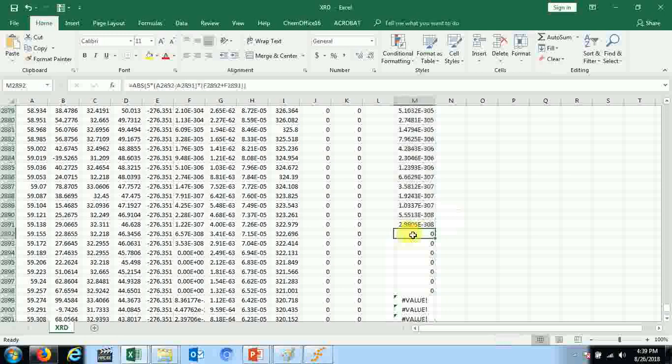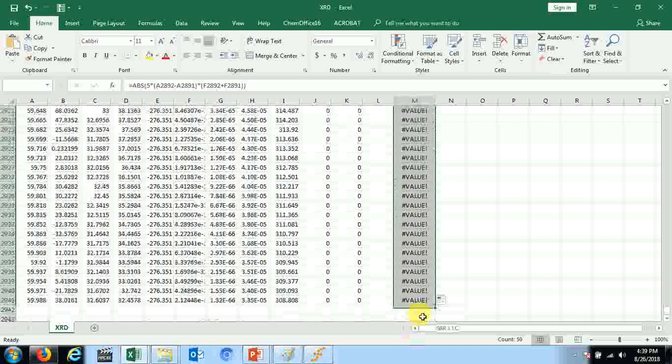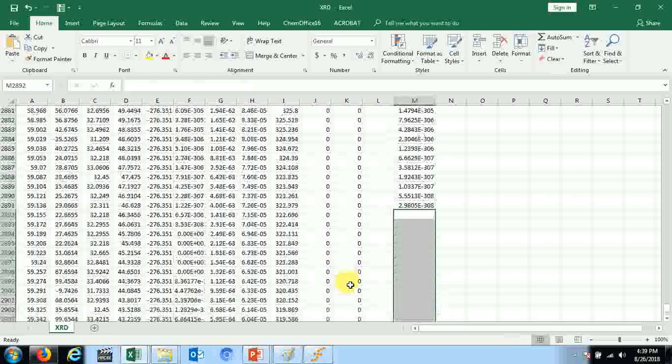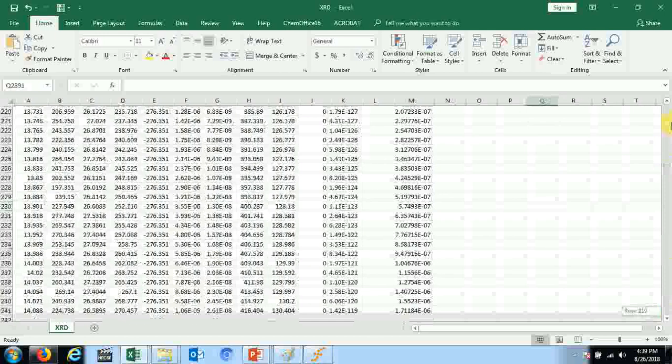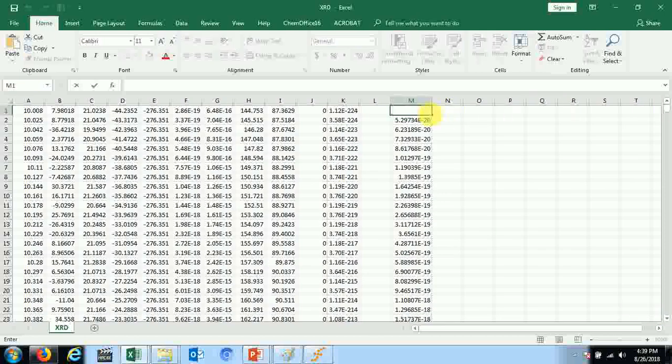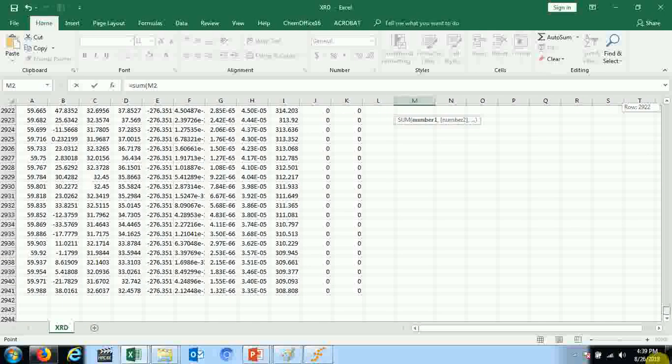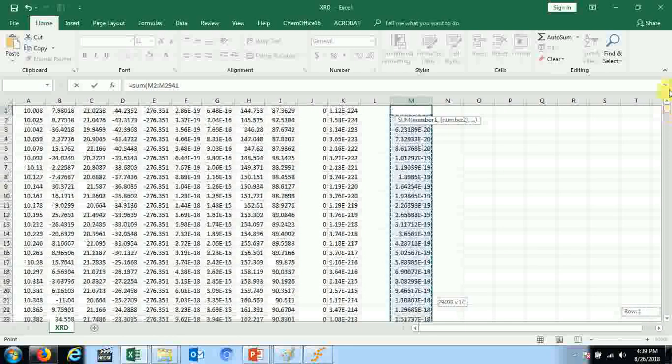If the values are very low, some of the values are beyond the range of counting. So what will be the total area under the graph? Sum of the first to the last cell, and bracket closed.